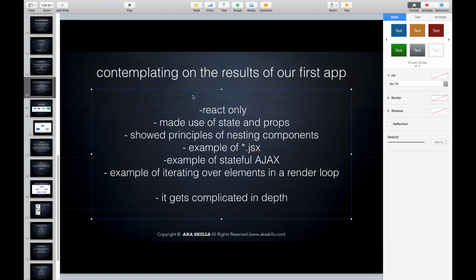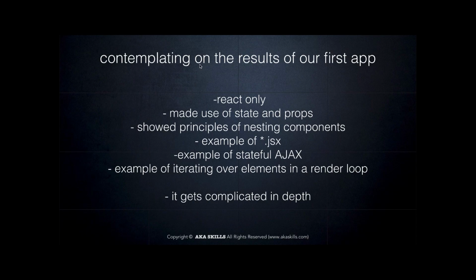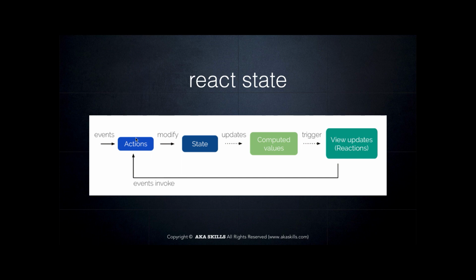In the last section, I showed you how to make use of the GitHub repo to see the solutions, and we thought a little about the results of our first app. What I do want to mention really is that we made only use of React until now. And React has this principle where it has a state.